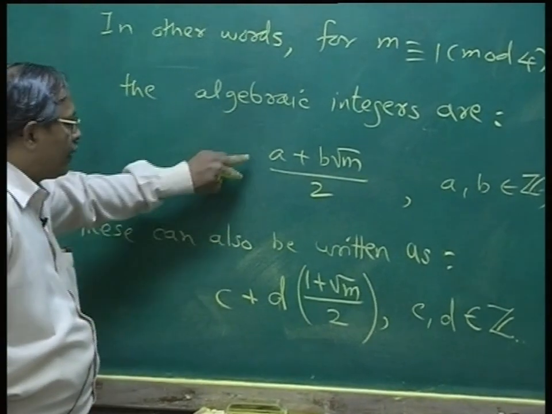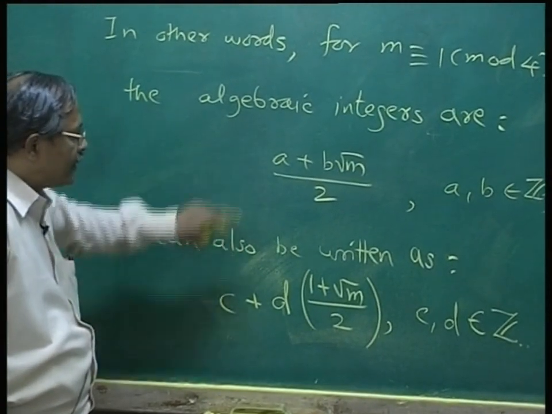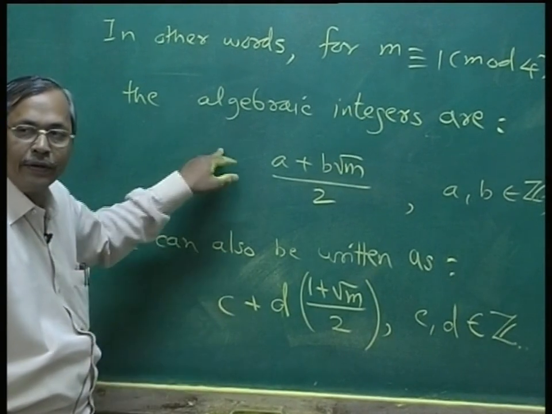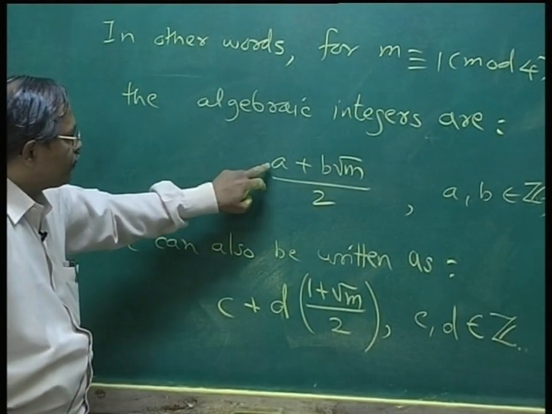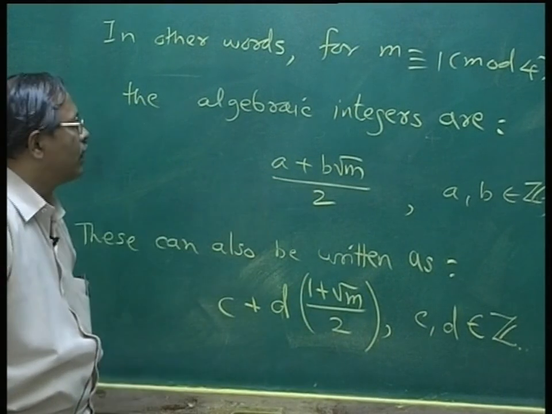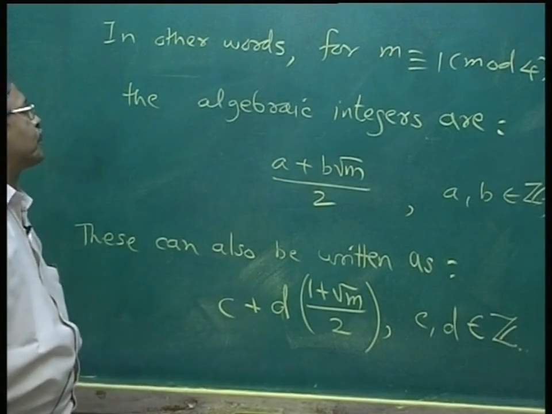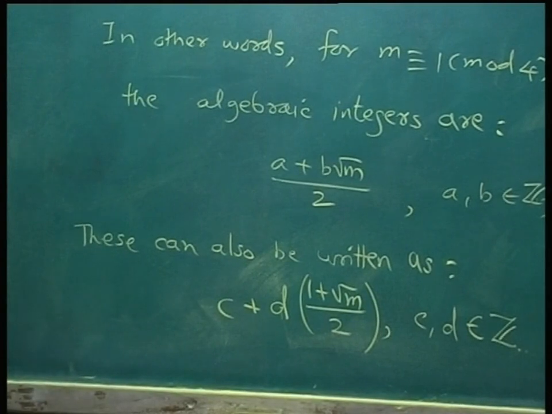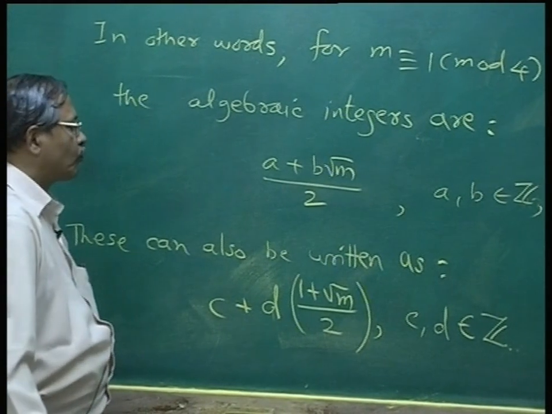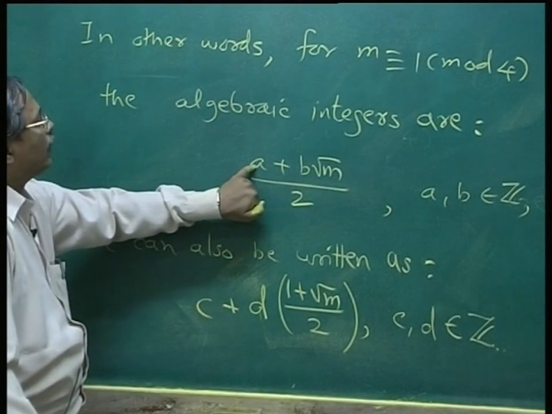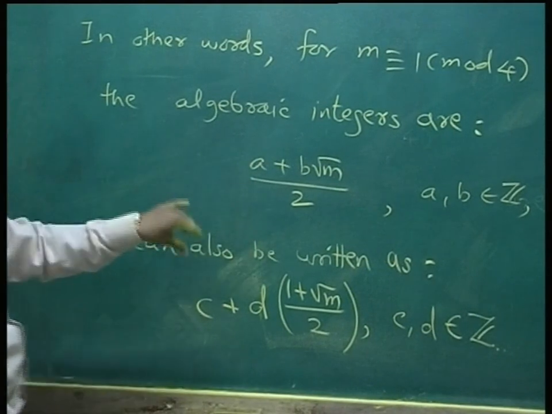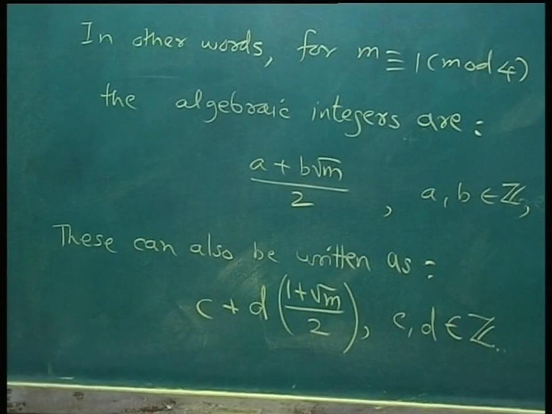Just see why anything here is here and anything here is here. Suppose a and b are both even, then that number is some integer plus integer times root m.